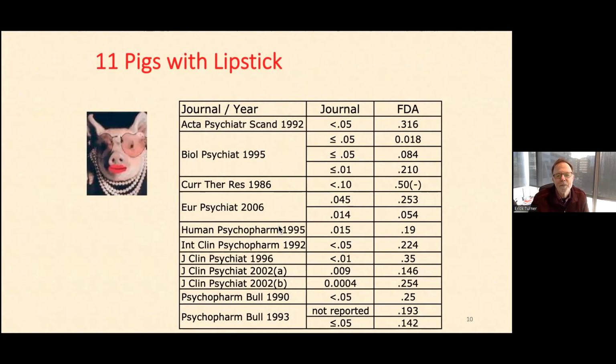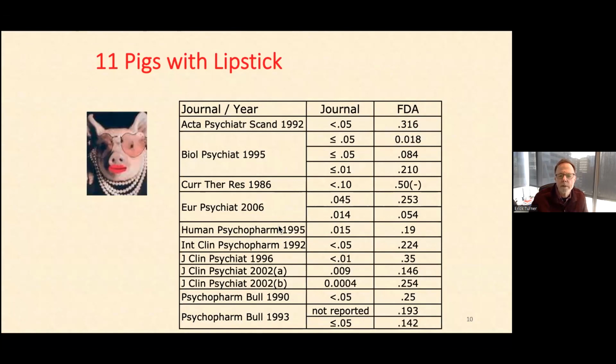But there's a number of studies here, and for instance, the first line is Acta Psychiatrica Scandinavica in 1992. According to the journal, the p-value was less than 0.05, but you look at the FDA review of the very same study, and the true result on the primary outcome was 0.316. And a number of other studies like that.